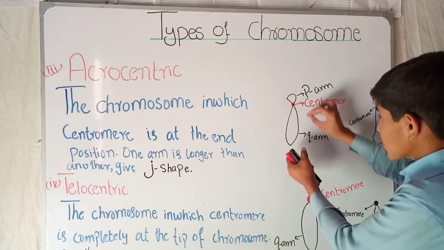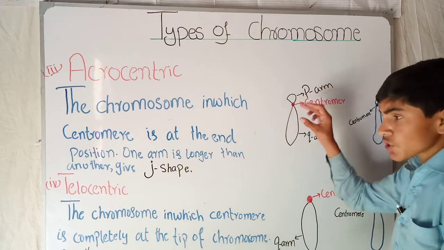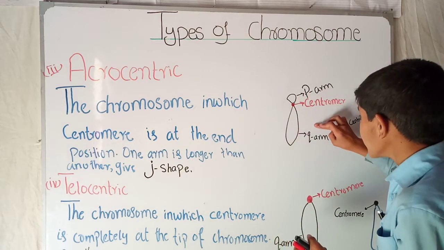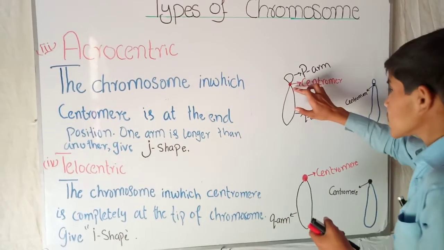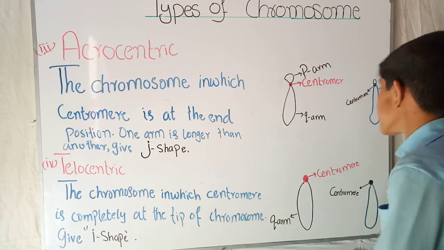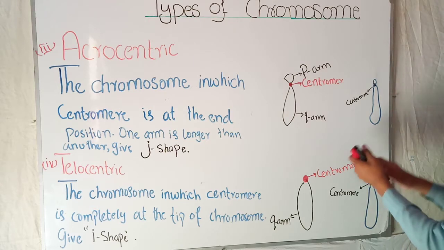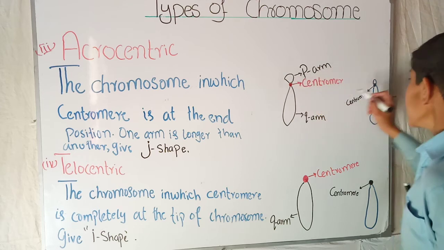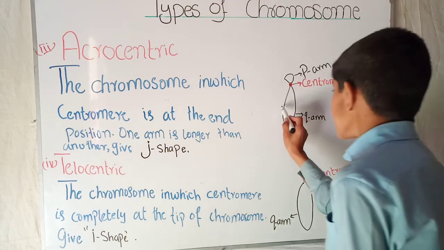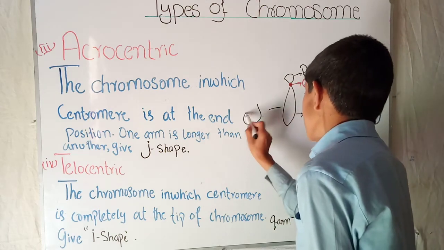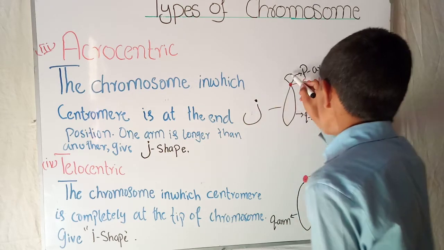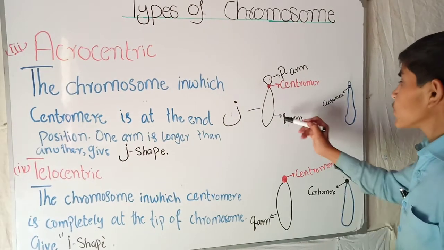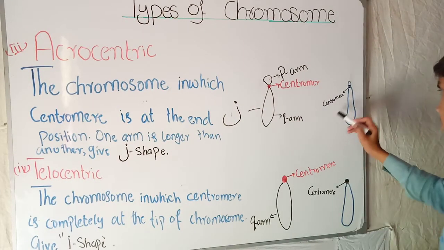The Q arm is longer than the P arm, and this gives us the J shape. The P arm is the point of the J, and the Q arm is the whole J structure.